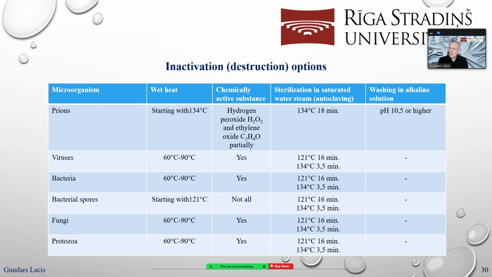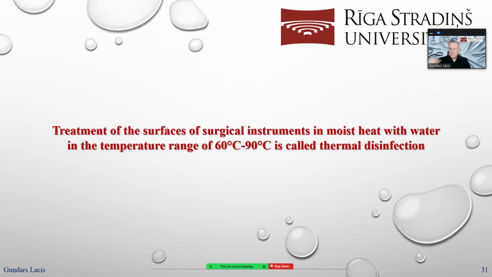Chemically, yes, we can destroy some bacterial spores, but not all. Not every chemical active agent can do this. And the temperature range from 60 to 90 degrees Celsius is called thermal disinfection.